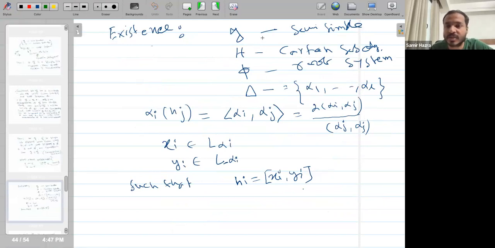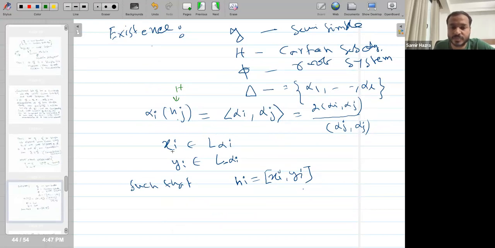So basically, if G is semi-simple, H is a Cartan subalgebra, you take a root system, you decide a base, and then we can actually choose h_j from the Cartan such that alpha_i(h_j) is (alpha_i, alpha_j), which is nothing but 2(alpha_i, alpha_j) by (alpha_j, alpha_j).